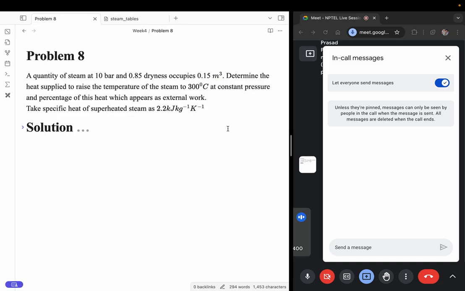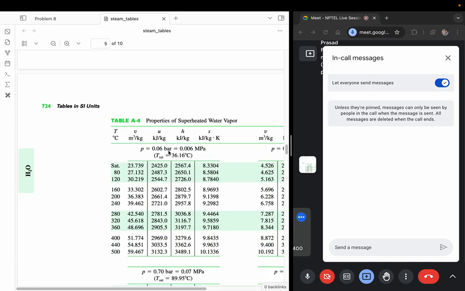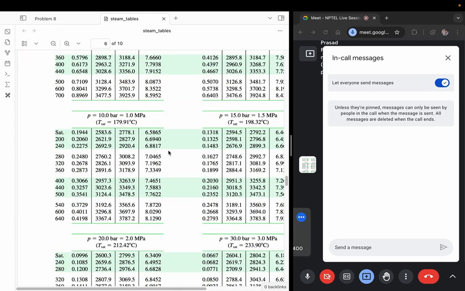So it is saying that at 10 bar, you are reaching a temperature of around 300 Celsius, which means it is going to be in the superheated state. So you go to the superheated steam table, you look up 10 bar and 300 degrees Celsius. You can just take a linear interpolation to determine the corresponding values of other properties.